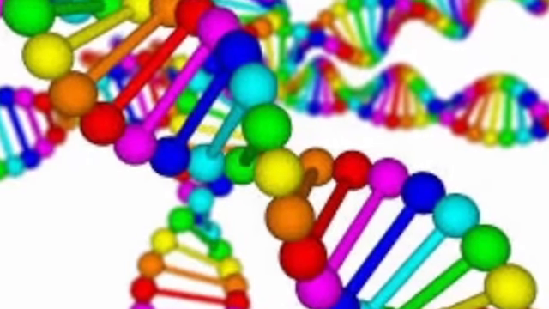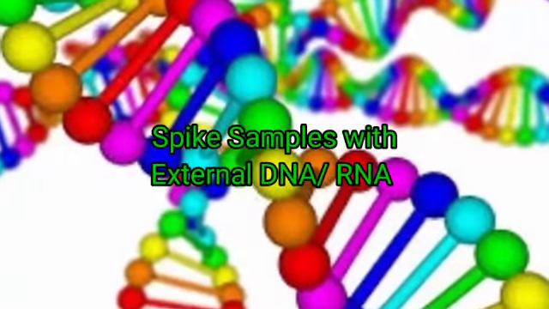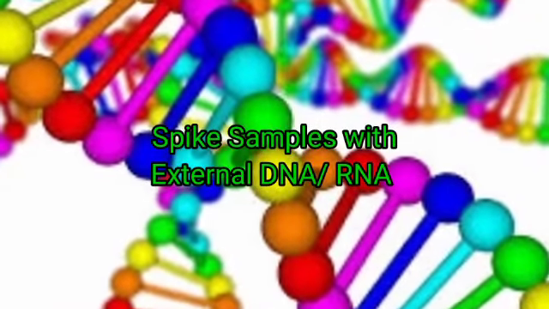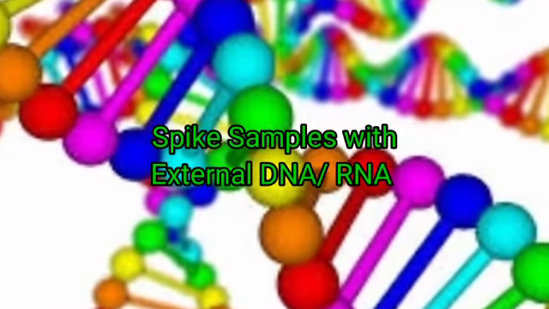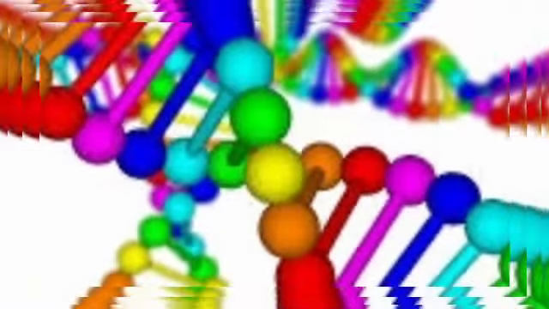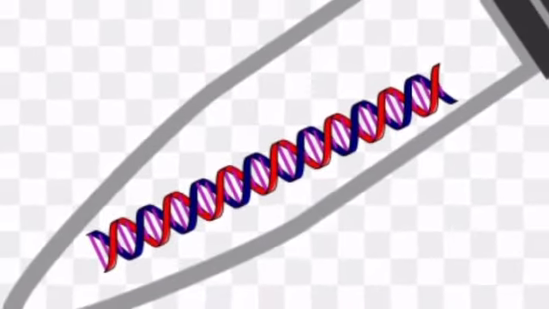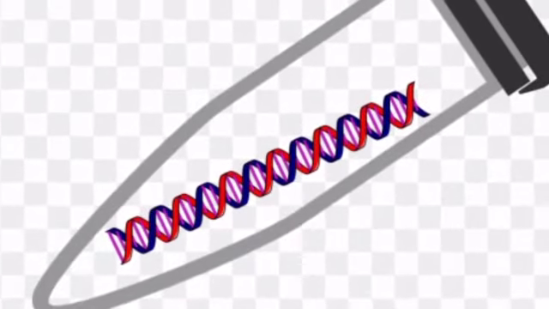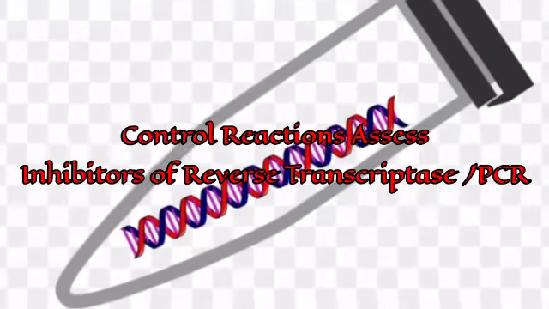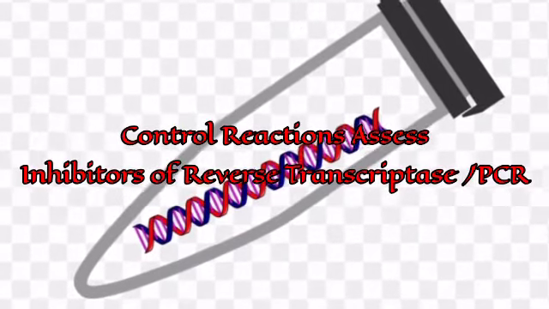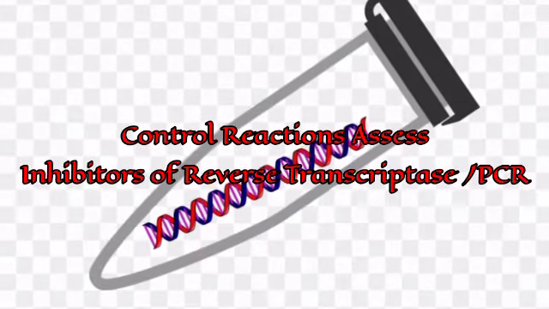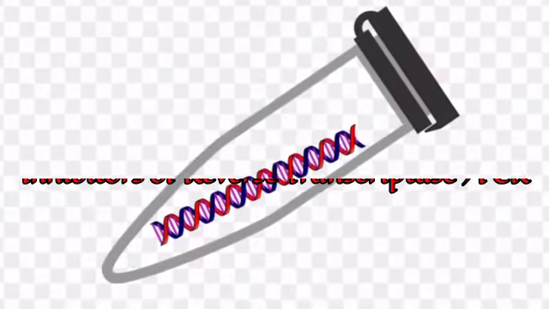Additionally, exogenous DNA or RNA positive controls may be spiked into the experimental samples and assayed in parallel or in a multiplex format with the target of interest. These control reactions assess whether the sample contains any component that inhibits the reverse transcription or PCR.